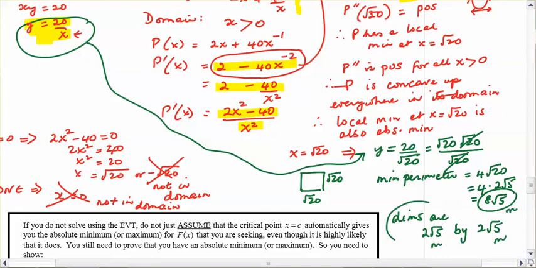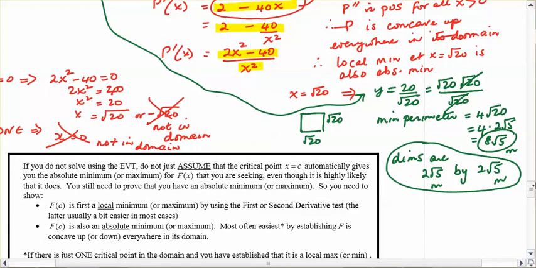And we are done. The key idea here, though, is if you do not solve using the EVT, you may not assume that your critical point automatically gives you the absolute minimum for the function. Although it may be highly likely that it does, you still need to prove you have an absolute min or max. So how do you do this?